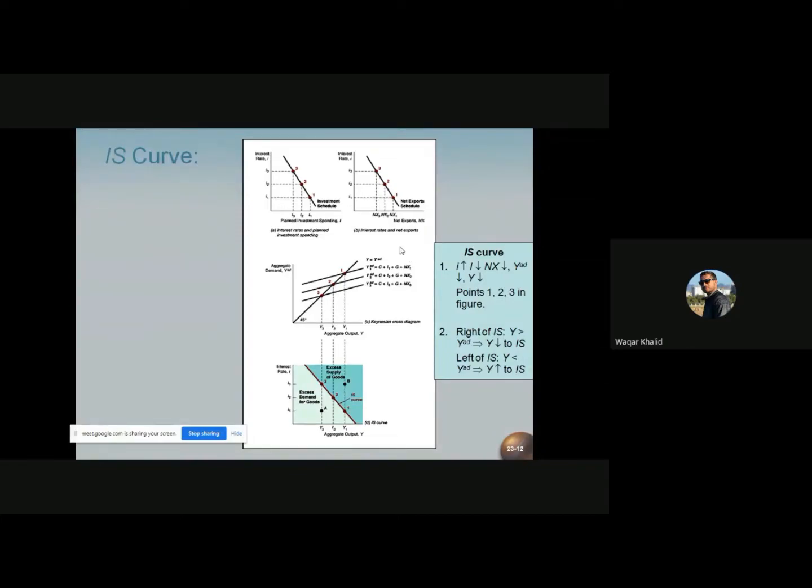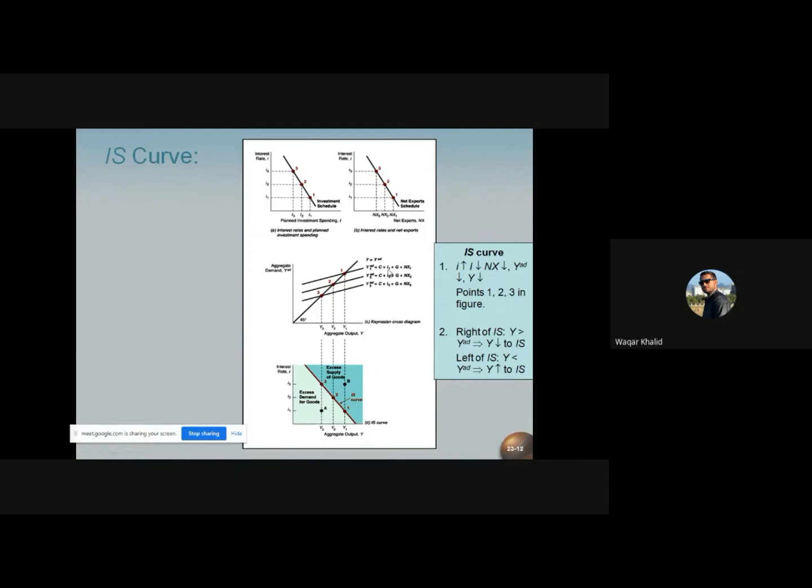So you can see this figure C from the Keynesian framework. From this figure C, you can determine the effects of changes in interest rates on the aggregate output level. This is Y1 AD, which is equal to C plus I1 plus G plus NX1.